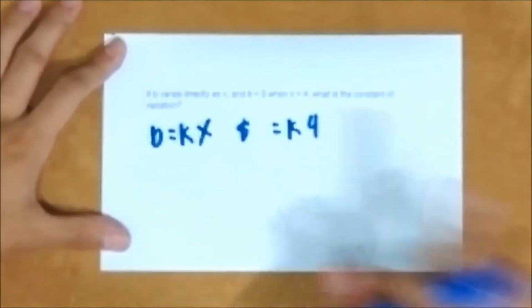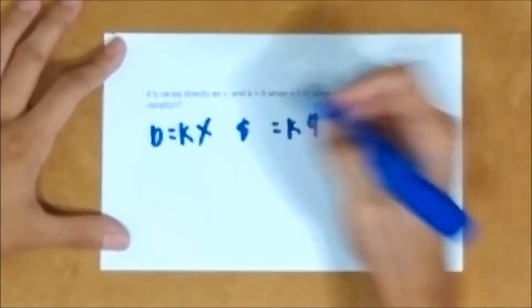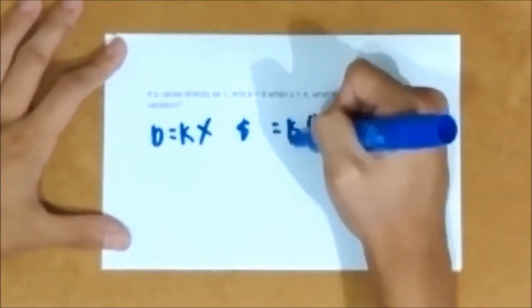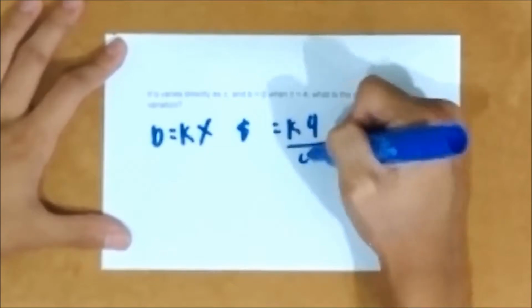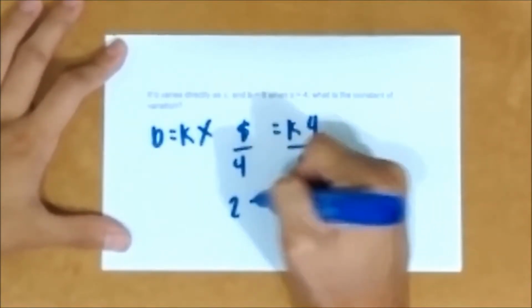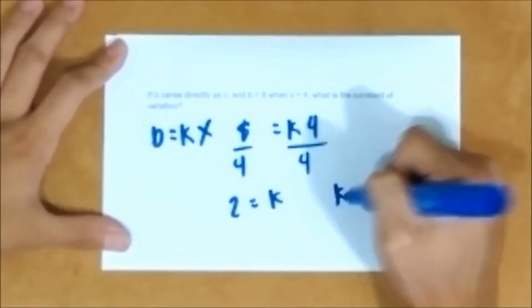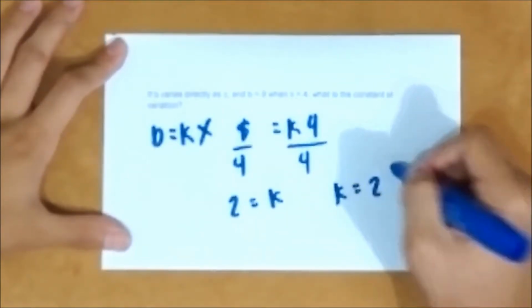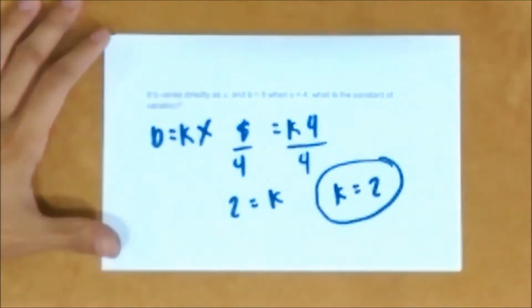What is the constant of the variation? So, in order to simplify it, let's divide both sides by 4. Therefore, 2 equals k. K is equal to 2. And there you have it.